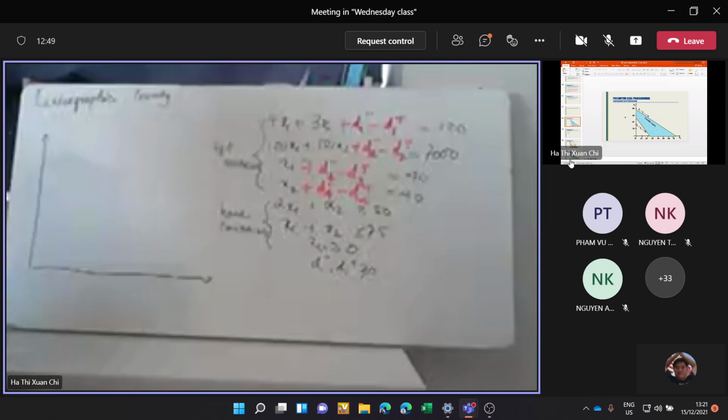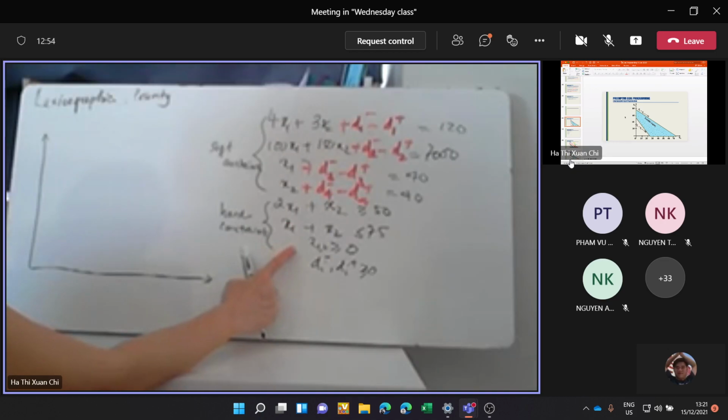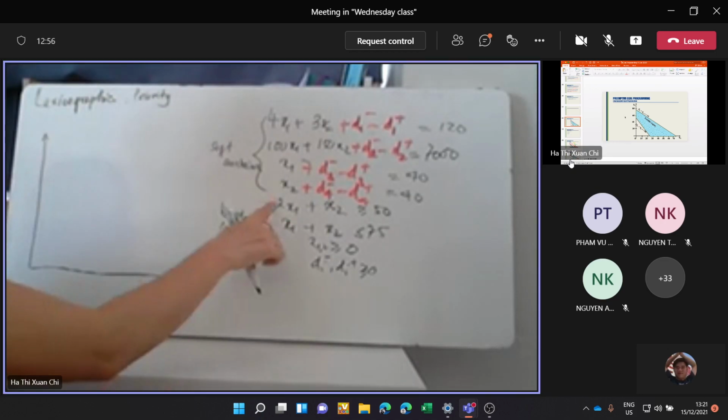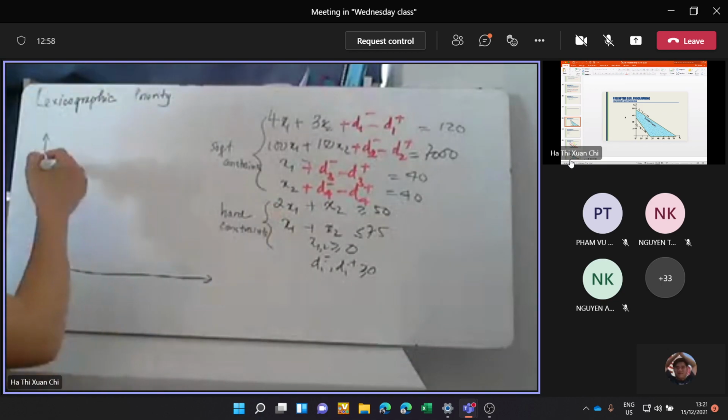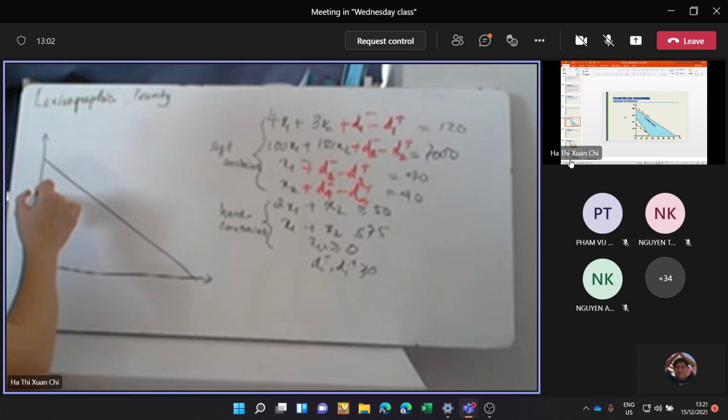If you want to use the graphical method to solve, first of all, you focus on the hard constraints first. So the hard constraint, this one, you can draw that here.